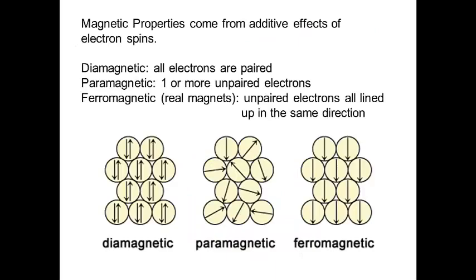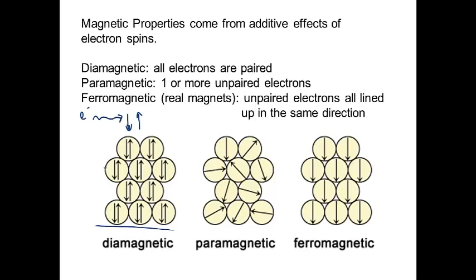Because electrons have these magnetic properties when they spin, molecules and atoms also might have magnetic properties. And those properties depend on whether or not the spins of those electrons add up or don't add up. There are atoms for which electrons are spinning in one direction or another direction. When we look at this, an arrow represents an electron.